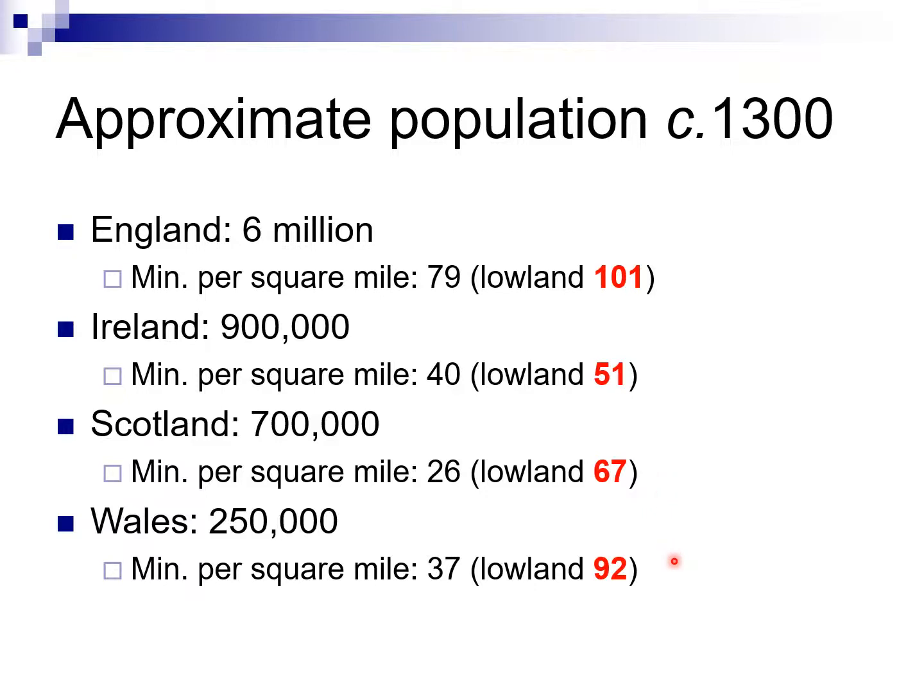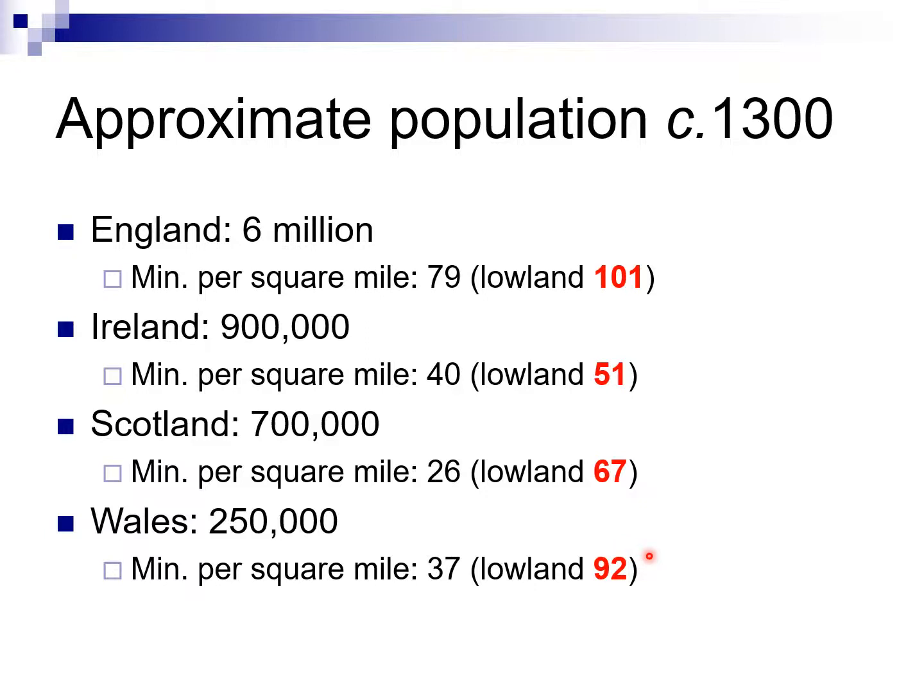Wales is a little bit anomalous in a variety of ways. Notice here that we're talking about circa 1300. So Wales, at the end of nearly 2 centuries of English colonization, has a lowland population density of 92 persons per square mile. That's to say about 10% less than England.